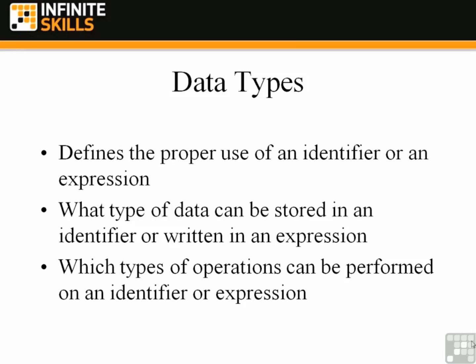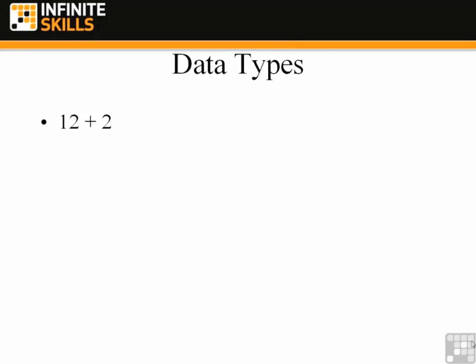For example, we can't add a date to a number, and we can't perform addition on a string and a date. Those are examples of operations that are not allowed because of the mixing of data types. So an example of an expression that is allowed is the expression 12 + 2. This expression is allowed because we're taking two numeric data types, 12 and 2, and adding them together, which is allowed.